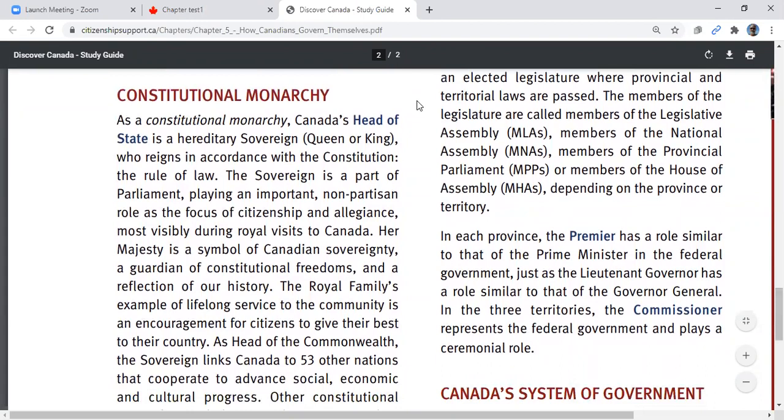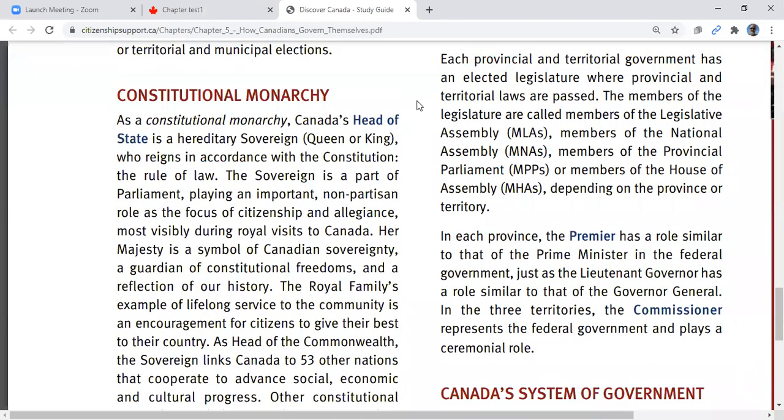Constitutional monarchy. As a constitutional monarchy, Canada's head of state is a hereditary sovereign, queen or king, who reigns in accordance with the Constitution and the rule of law. The sovereign is a part of Parliament, playing an important non-partisan role as the focus of citizenship and allegiance, most visibly during royal visits to Canada.